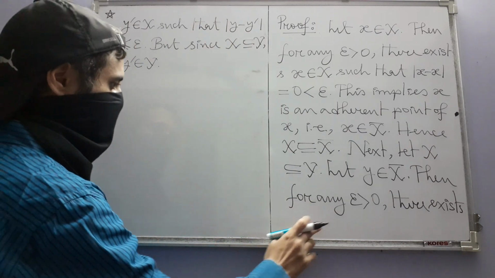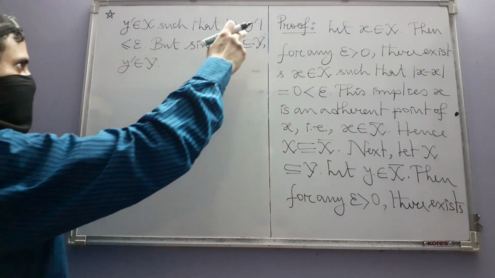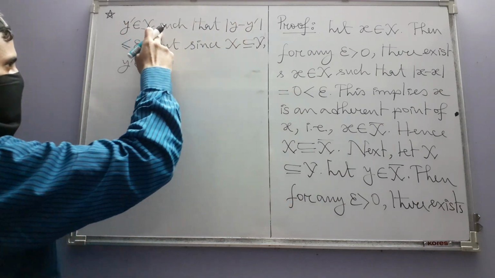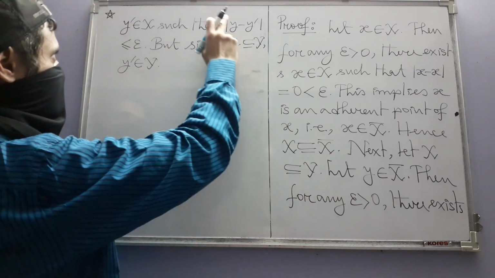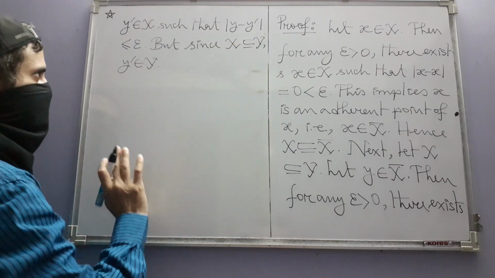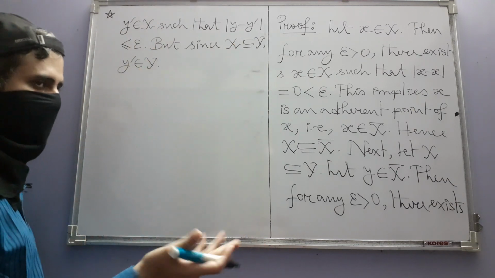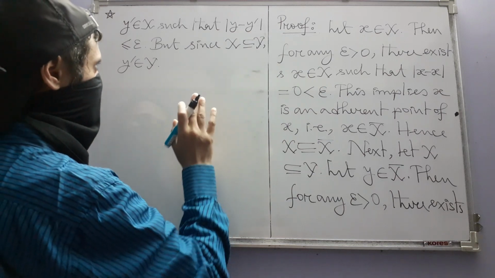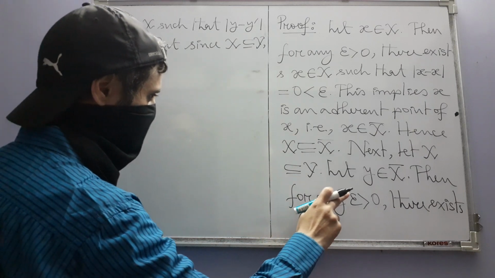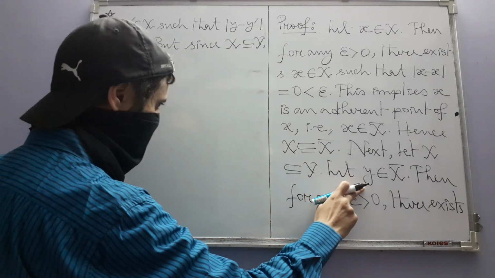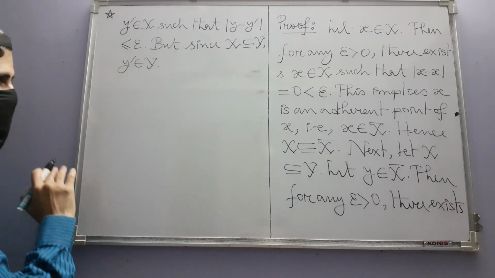And it does not matter what epsilon is. For that epsilon, you are going to get one y prime in x. Of course, if you change epsilon, the y prime will change. But because x is a subset of y, every time you have one such element, it's going to be in y after all. So that is why your original element, that is y, now becomes an adherent point of capital Y.